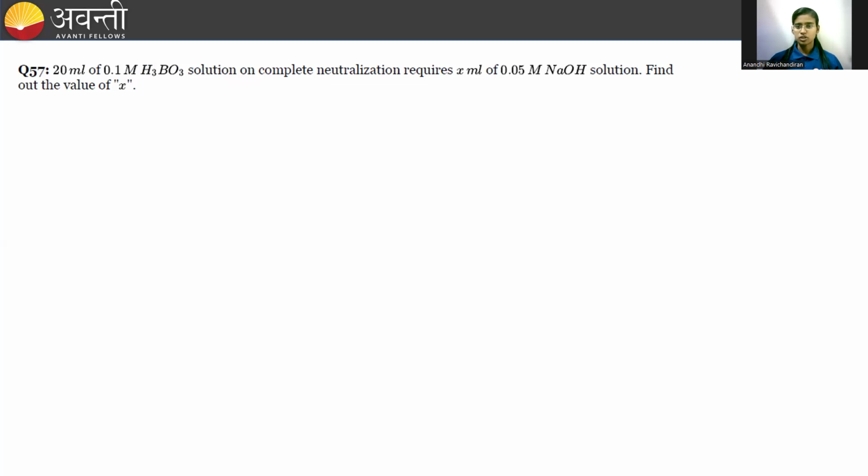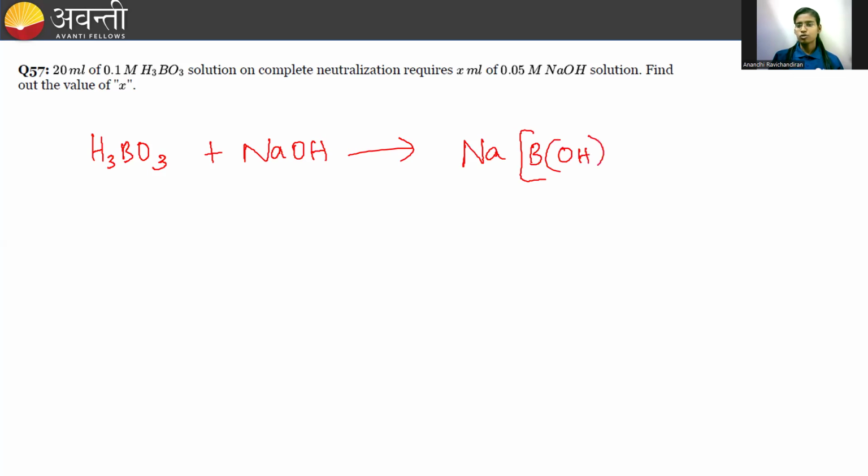One is H3BO3 and the other one is sodium hydroxide, and they are undergoing the neutralization process. If H3BO3 reacts with NaOH, it forms a compound of formula NaB(OH)4.